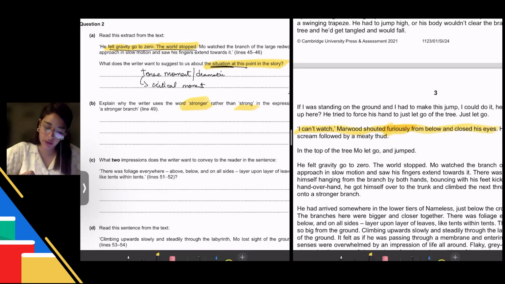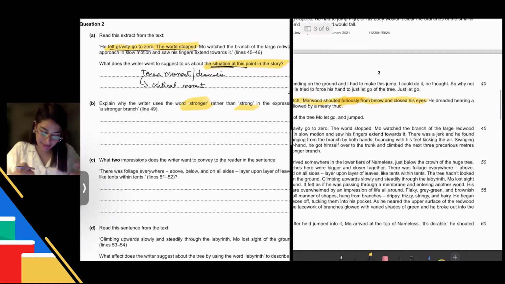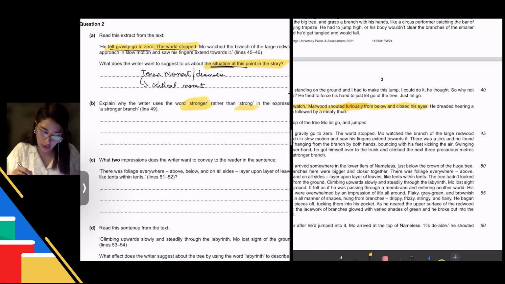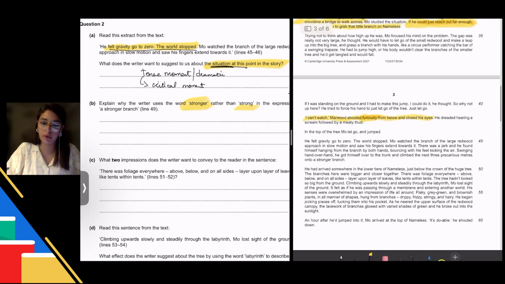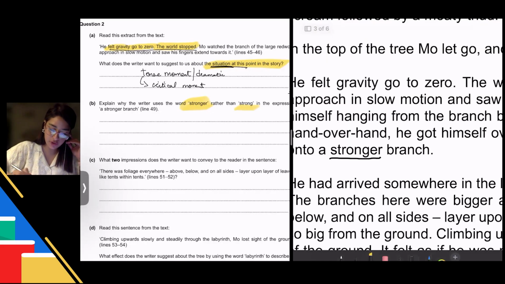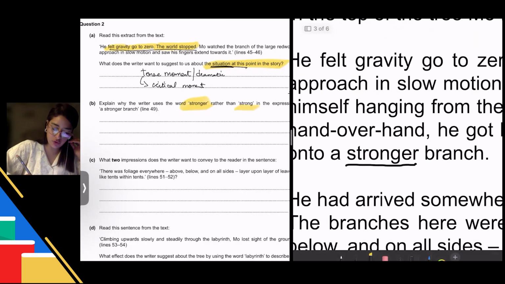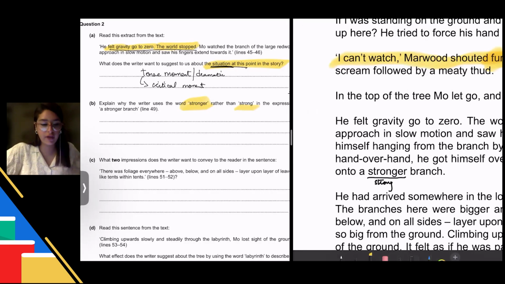So, for example, if we look at line 49, it says that he got himself over the trunk and climbed the next 3 precarious meters onto a stronger branch. If I were to replace stronger with strong, the first thing you need to ask yourself is, how does this change the meaning of the overall phrase?